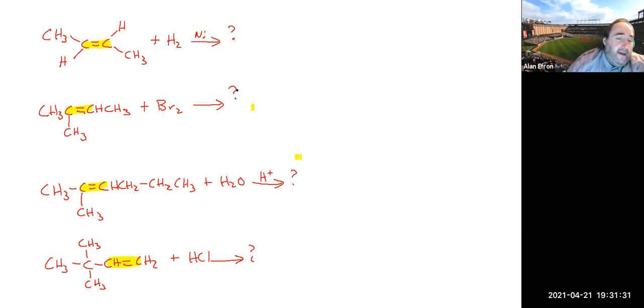The purpose is to allow space for, in the first case, each of those hydrogens to be added in. In the second case, each of the bromines. In the third case, the hydrogen and the OH. And in the fourth case, the hydrogen and the Cl. Remember, as it sits right now with that double bond, it doesn't have room.